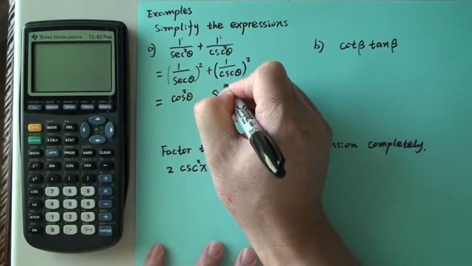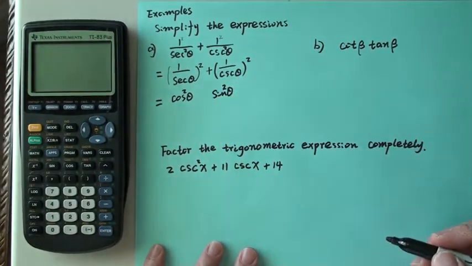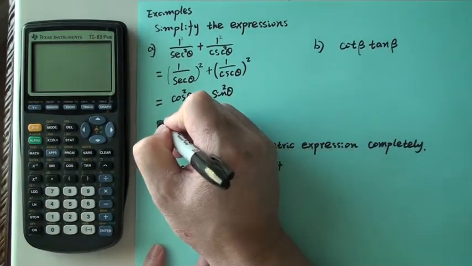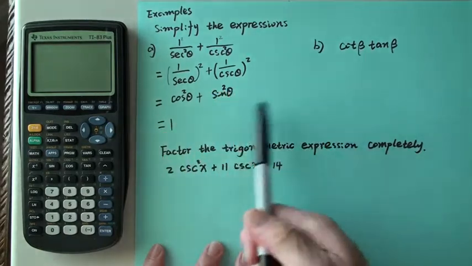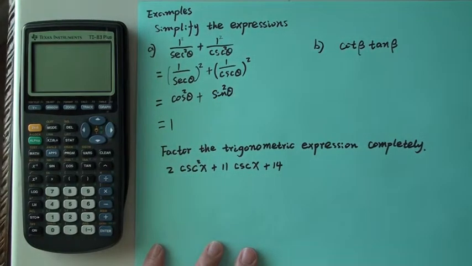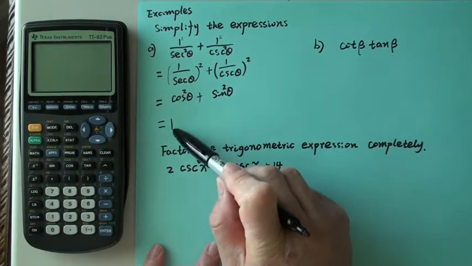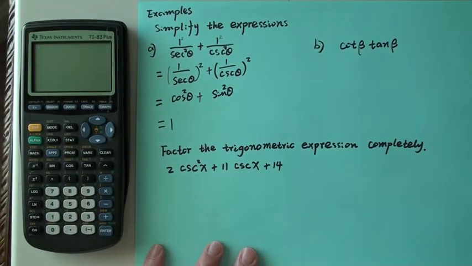And then squared. Okay. You add together, what do you get? You get 1. That's the Pythagorean theorem. Sine theta squared plus cosine theta squared is 1. Okay, so this one is actually not hard. Looks scary, huh?